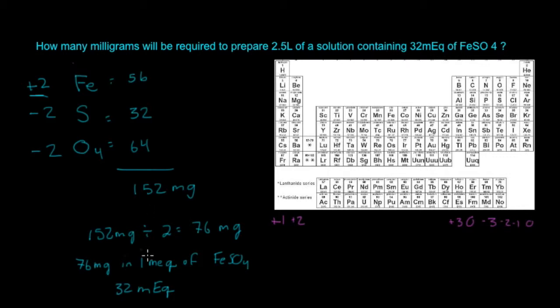We're going to have our known, which is going to be 76 milligrams in 1 mEq, and we want to know how many milligrams are in 32 mEqs. That's right, 32 mEqs.